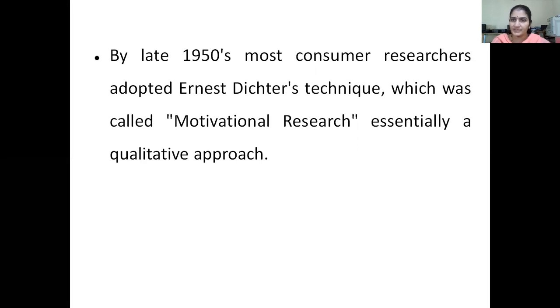This motivational research concentrated on one basic criterion, the qualitative approach, and the qualitative aspect was what was studied.